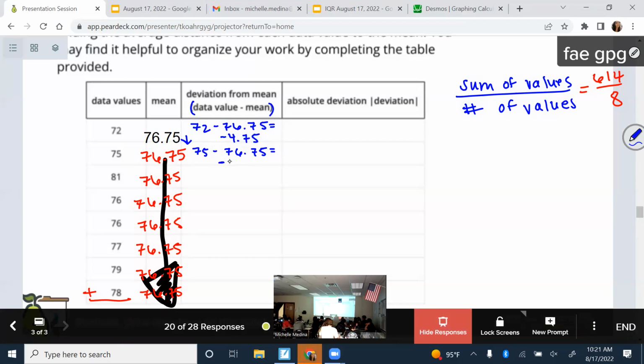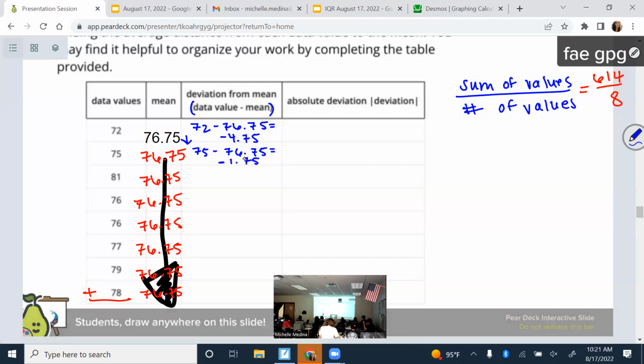What is it? And it should be negative, right? Yes, it should be. If it's a smaller number minus a bigger number, then it should be negative.